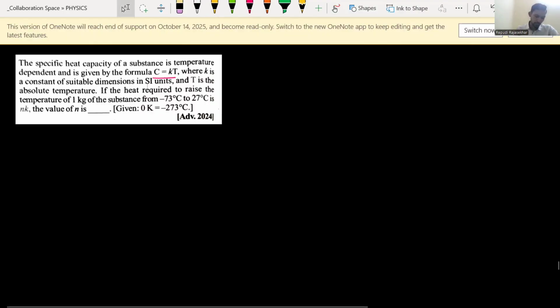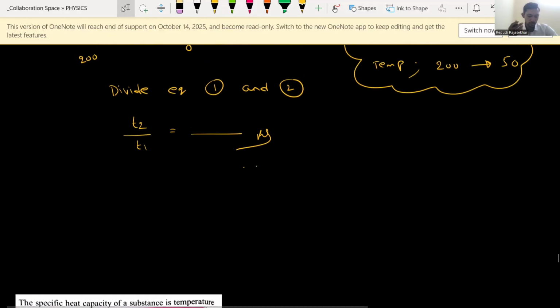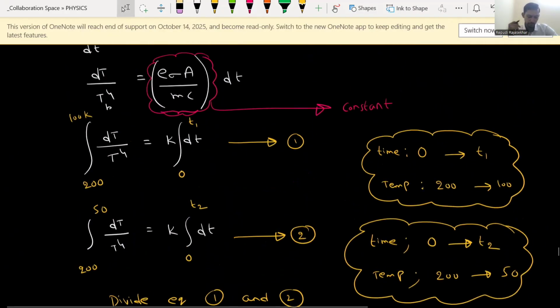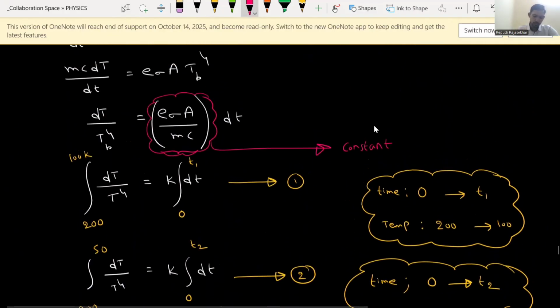The specific heat capacity of a substance is temperature dependent. From the questions also you can learn many things. If you observe the previous question, what is mC there? mC is nothing but the heat capacity.